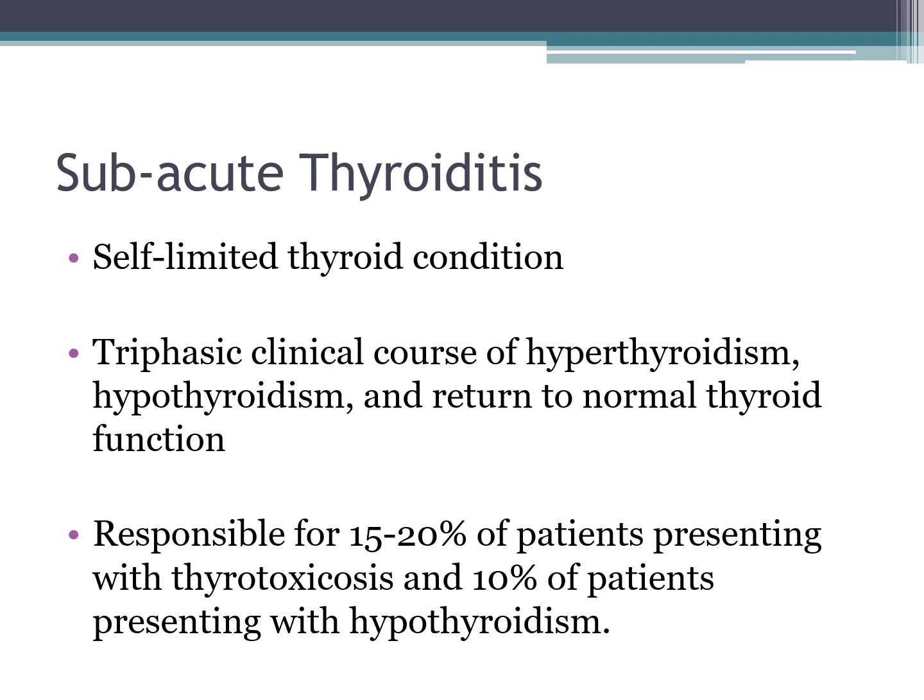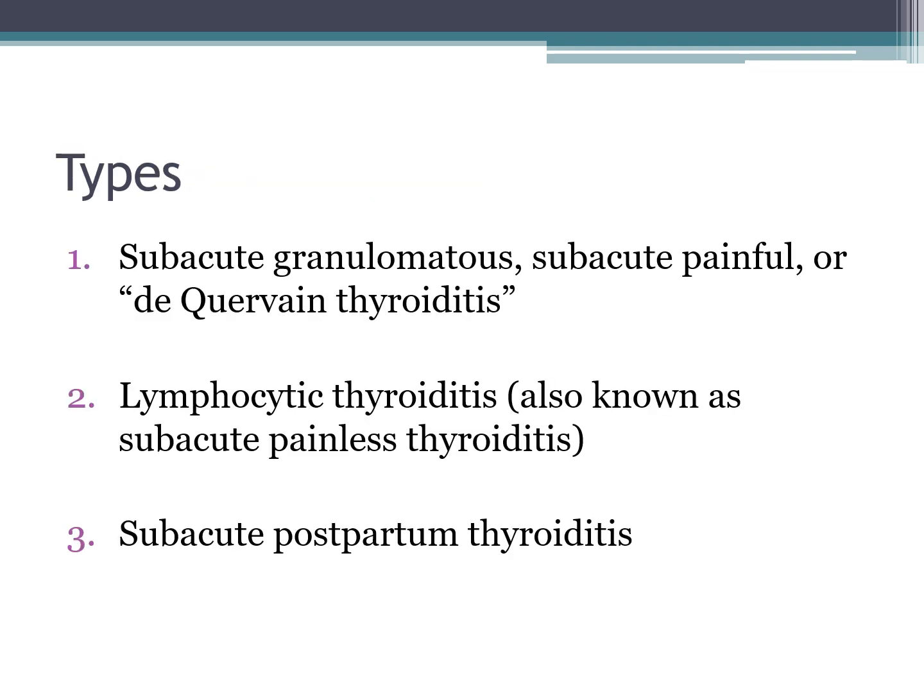Subacute thyroiditis is also known as de Quervain thyroiditis, and it is most commonly due to viral infections. Most of the time the patient has a history of a preceding viral upper respiratory tract infection. Certain viruses are involved, like adenovirus, influenza virus, coxsackie virus, and certain other viruses.